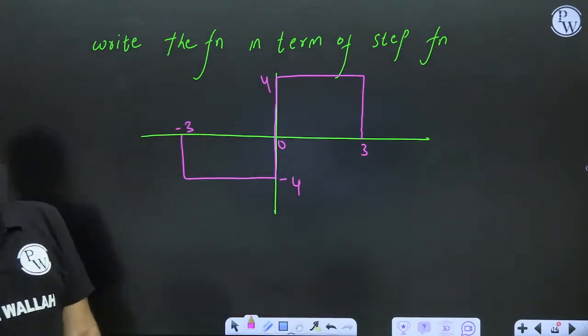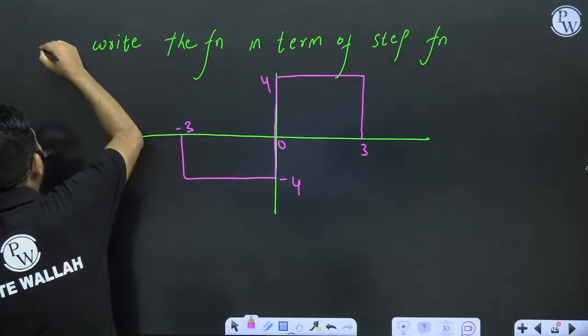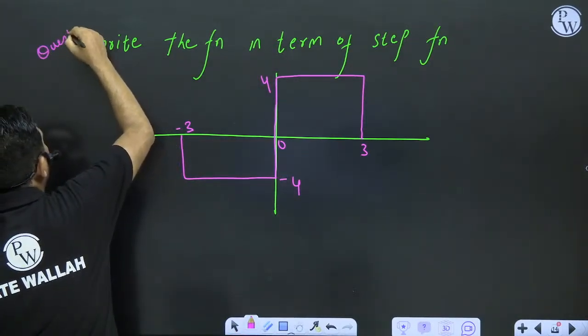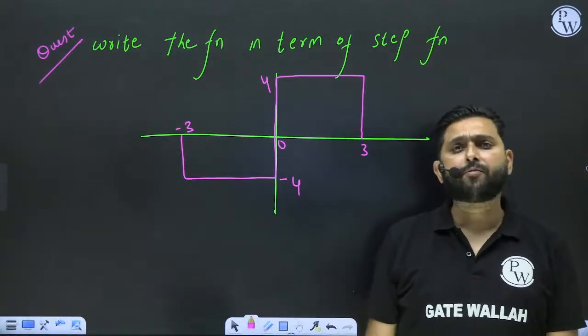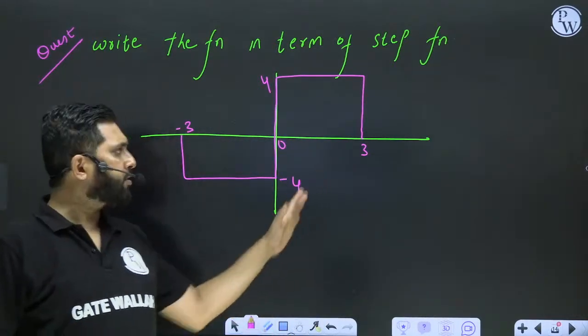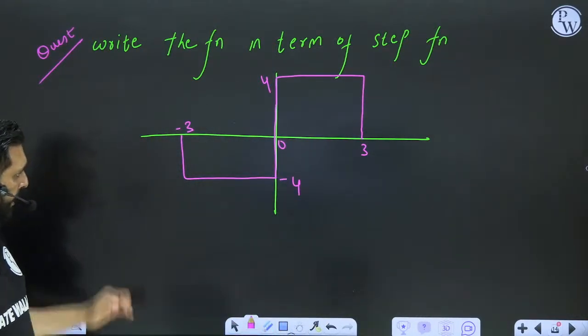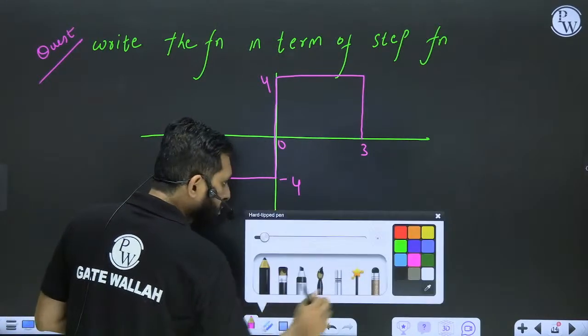Suppose someone asks you this question: I want this function in terms of step functions. Can you tell me how you will write the given function? See here, how many jumps do we have? Let's count the jumps.